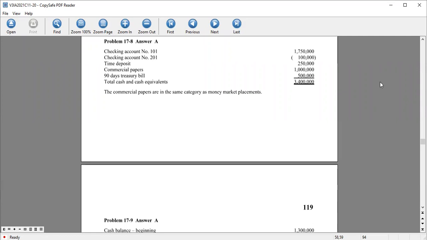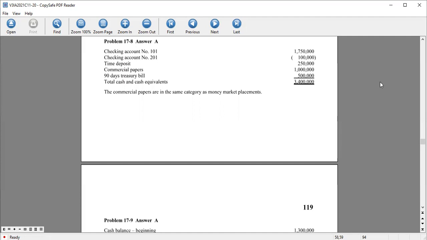So you have there your examples. In other words, the investment must be acquired 3 months or less before the maturity. Now, it may be a 5-year investment item. However, the requirement for it to be classified as a cash equivalent is that it must be acquired 3 months or less from the date of acquisition.